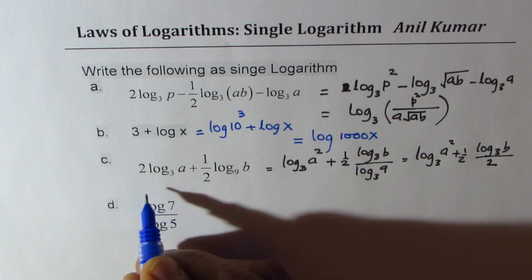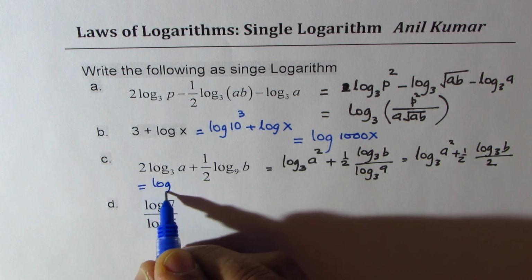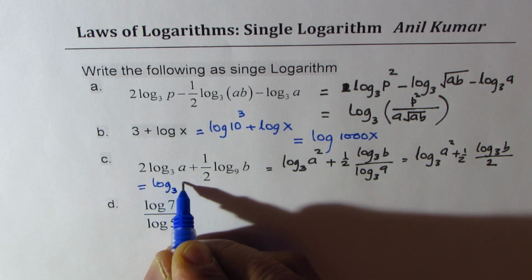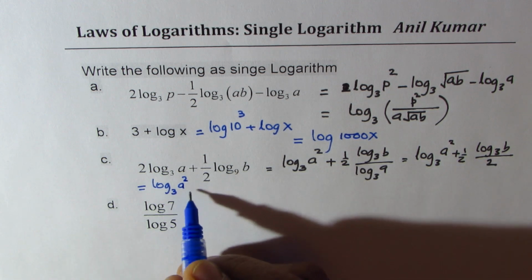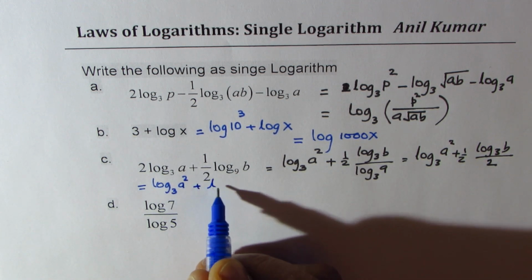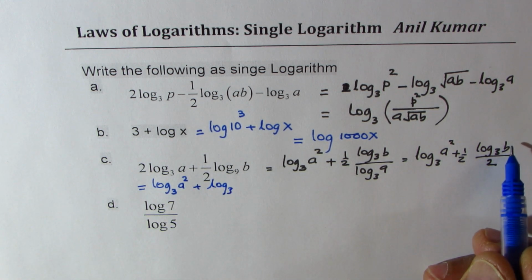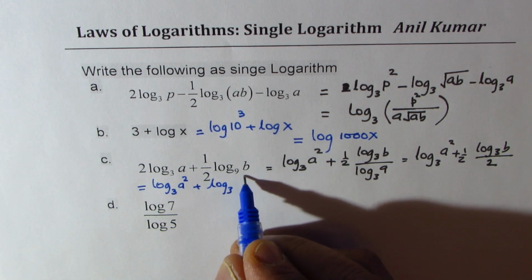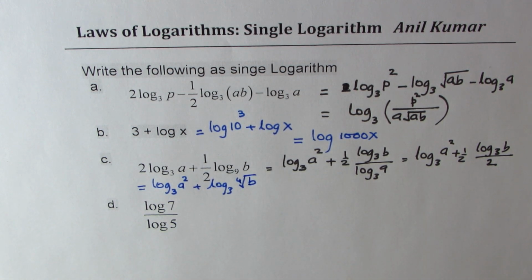So you could rewrite this as log to the base 3 of a square. Now this is 1 fourth of this, right? So plus log to the base 3 of b to the power of 1 over 4, or fourth root of b, right? Do you see that? That is how you could write it.